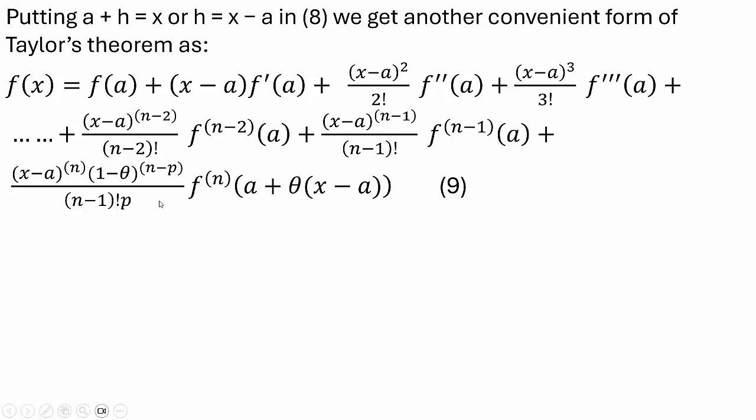This is another form of Taylor's theorem by substituting h equal to x minus a. Here also theta lies between 0 and 1.